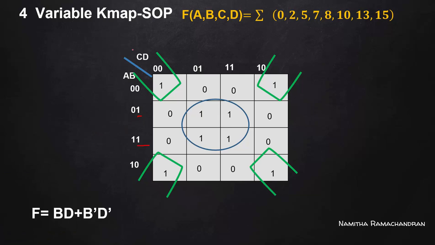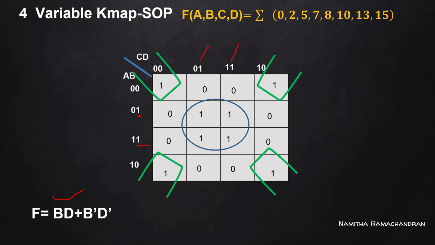In the SOP form, a variable with value 1 is represented in its original form. Column-wise, which one is common? C with value 0 and C with value 1 is not common for these two columns. But D with value 1 and D with value 1 is common. So the first minimized form for this group is B and D.